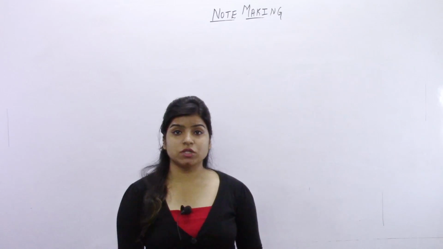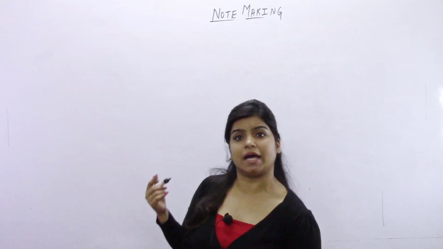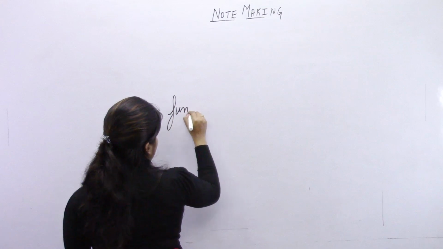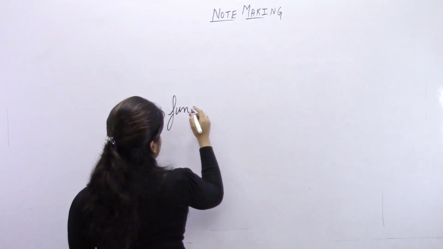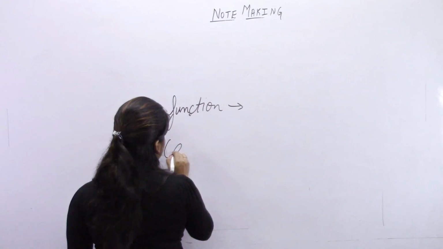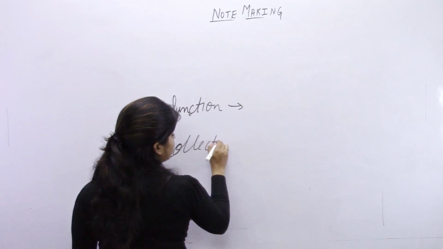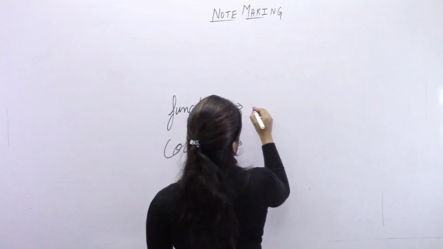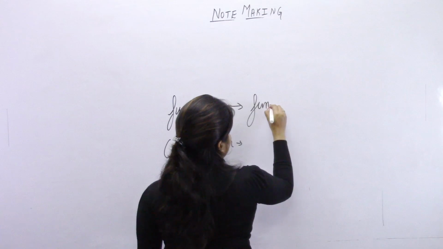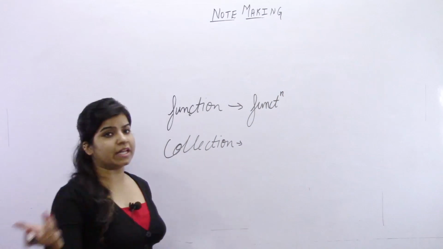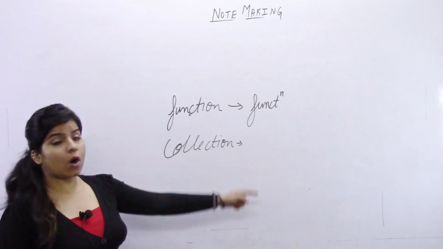One more tip I would like to give you for the abbreviation part is for words that are ending with TION. For example, we use the word function over here, and we use the word collection over here, right? So what we'll be doing is funct and an apostrophe, and an abbreviation is created, which is a very common one.